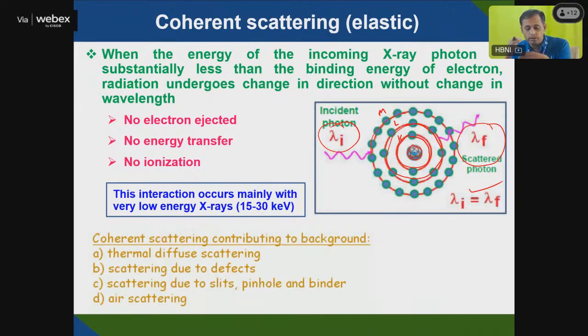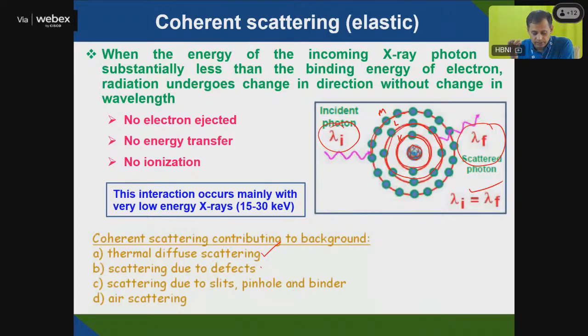Though this low energy doesn't give any information about the material property, your spectrum will look very diffuse, with a lot of background noise because of this coherent scattering. There is thermal diffuse scattering due to defects of the material, so this low energy X-ray can be scattered from the defects.